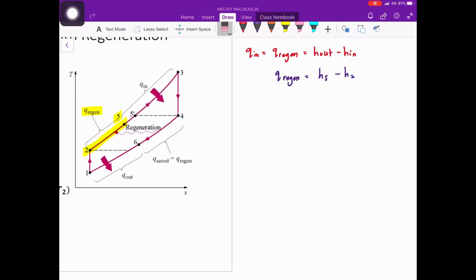Therefore, Q regen is equal to enthalpy at state 5 minus the enthalpy at state 2. And for gases, the equation will now become: heat transfer during the regeneration is equal to Cp times the temperature at state 5 minus the temperature at state 2. The maximum possible temperature leaving the regenerator is equal to the temperature at state 4, T4, if the heat transfer process is very efficient.